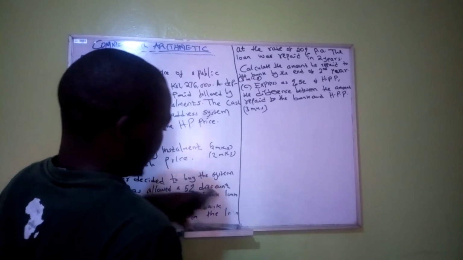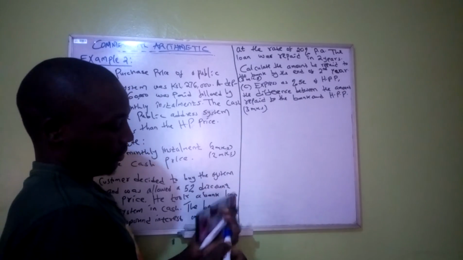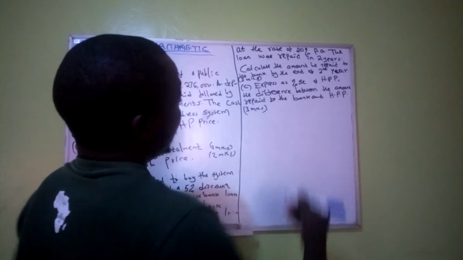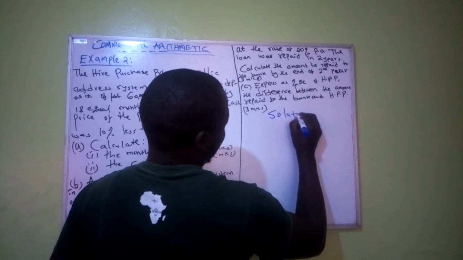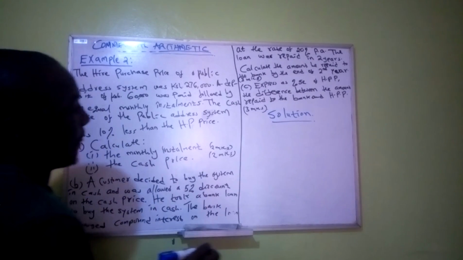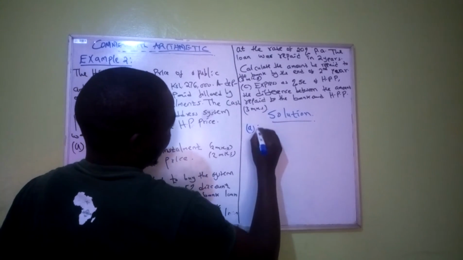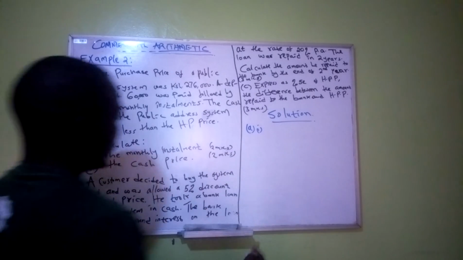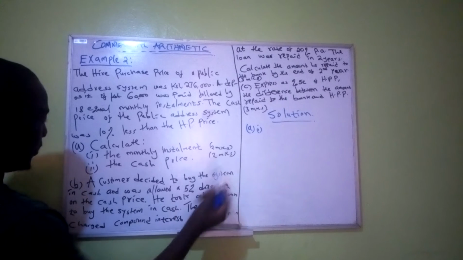We will start from A. Solution. That is A, part 1, because the question is to calculate the monthly installment.